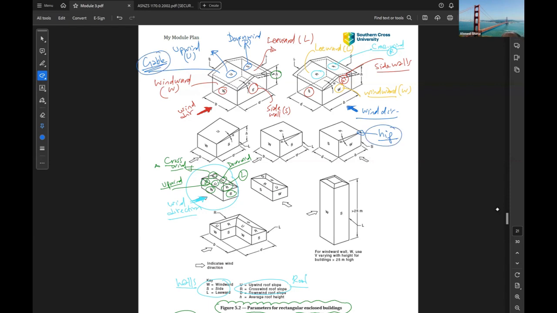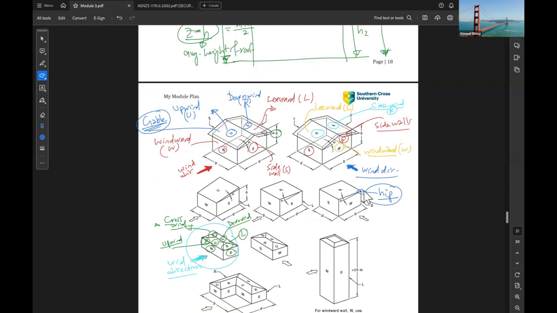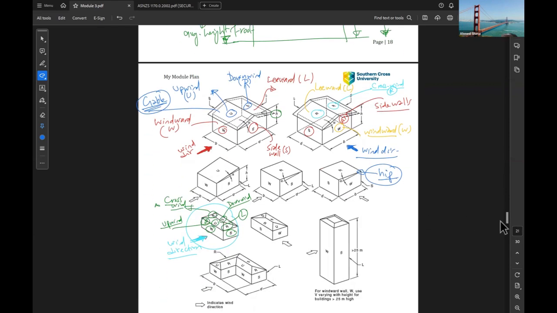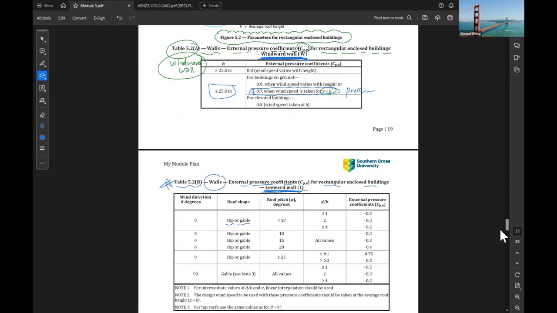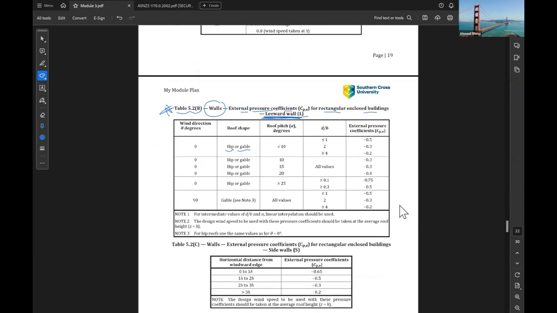So hip roof means one slope, gable roof means two slopes. And it is based on the roof pitch alpha, the angle of the roof. So if the angle is less than 10 degrees or more than 25 degrees, it is based on alpha, the slope of the roof, and the ratio D over B.